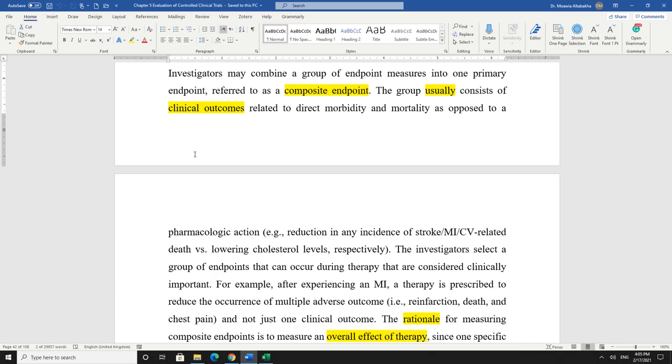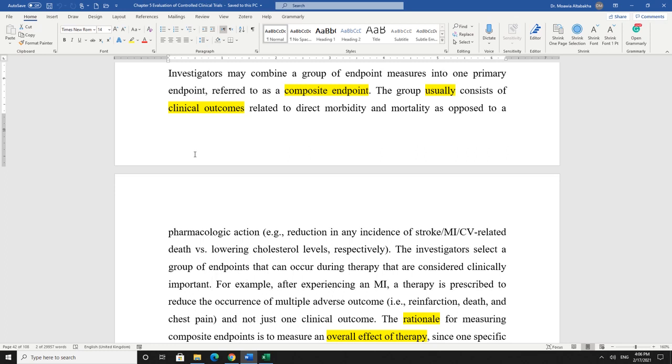Did heart failure occur or not? Did death occur or not? This is a clinical outcome. Did myocardial infarction, or heart attack, occur or not? Stroke, did it occur or not?